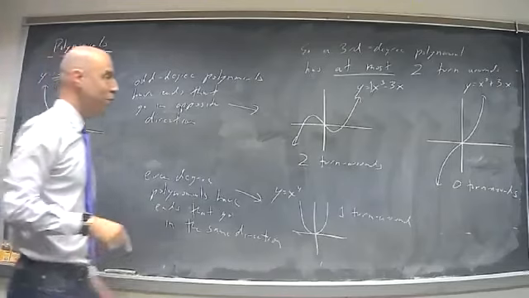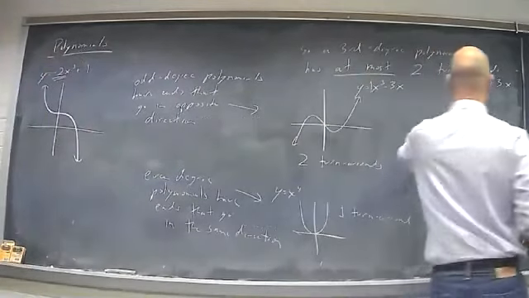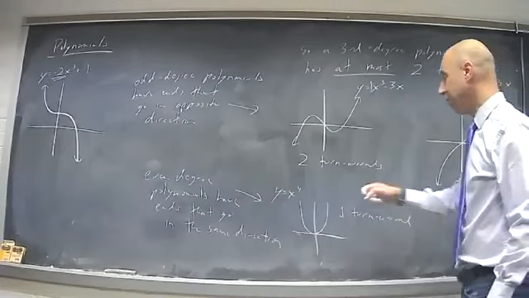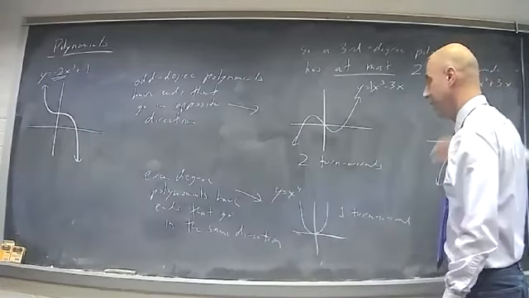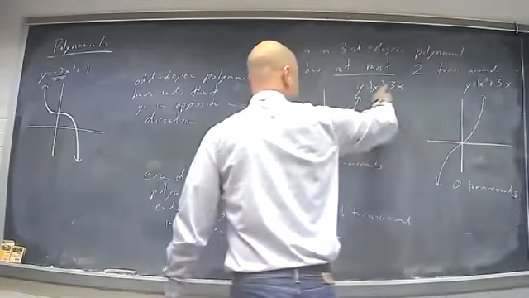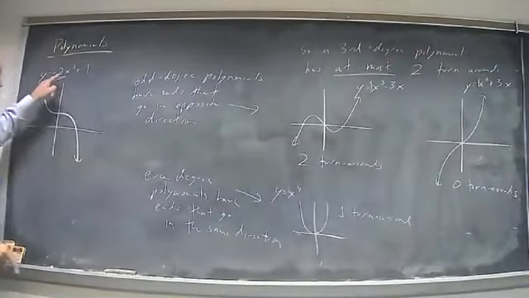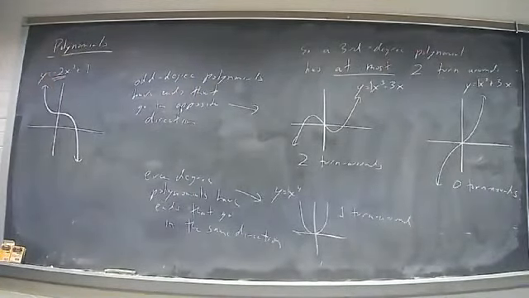So you can always tell whether the right end goes up or down by looking at the coefficient in front of the largest power of x. Here it's 1, here it's 1, all these go up to the right. But if it's negative, it goes down to the right.